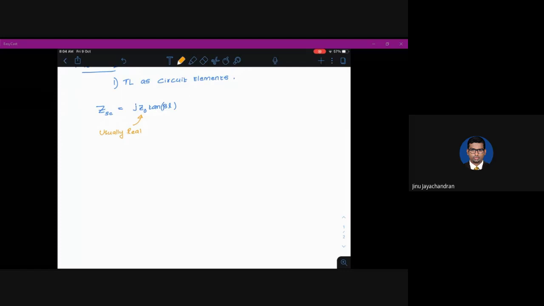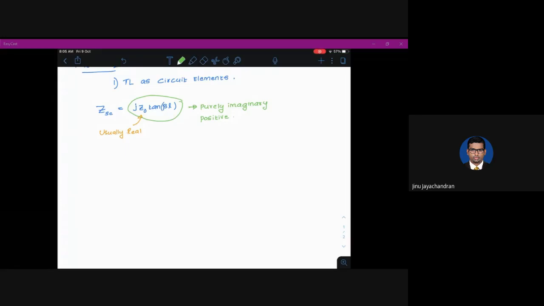So if you look at this expression of Zsc, you see that it is purely imaginary and positive. So what does that mean? What type of impedance does it indicate?